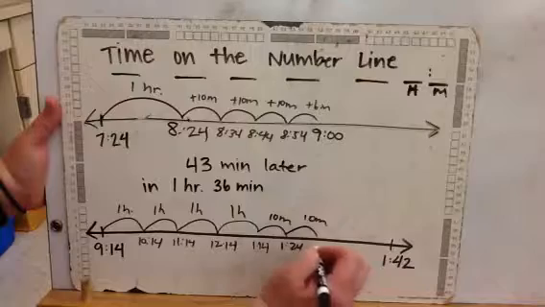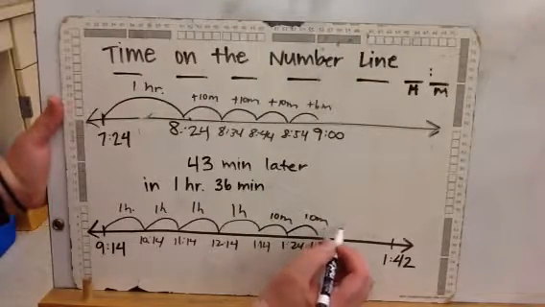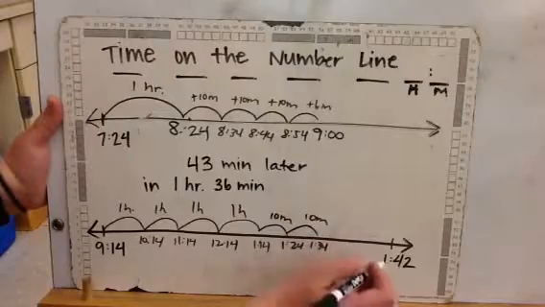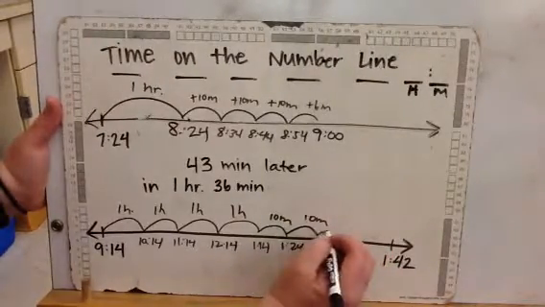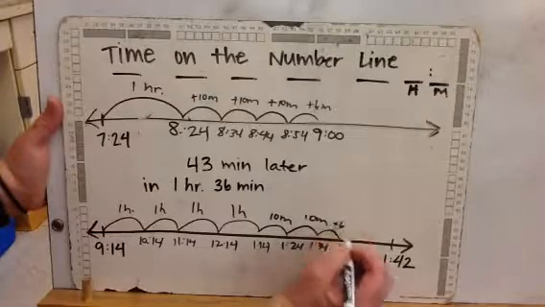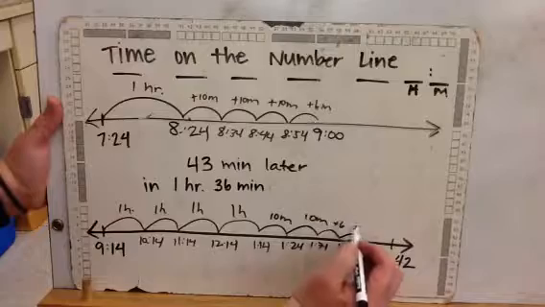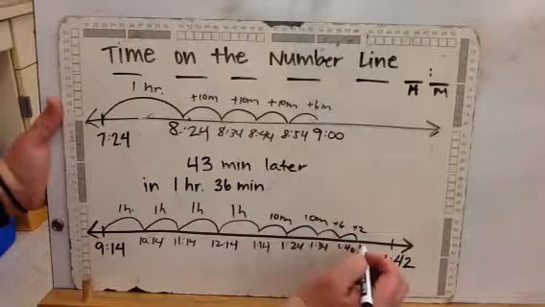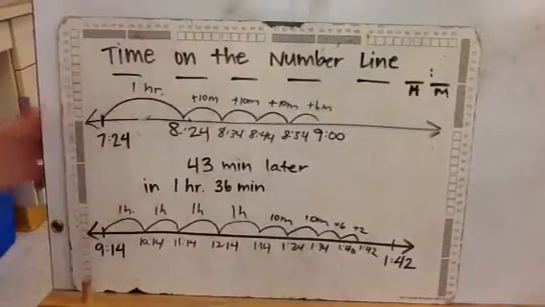Another 10 minutes is now 1:34. If I do another 10 minutes, I'm at 1:44. That is too far. So now I could maybe get to the next 10. So I could say a plus 6 minutes gets me to 1:40. And then 2 more gets me to 1:42. Or I could have hopped and said just plus 8 minutes, whatever works.